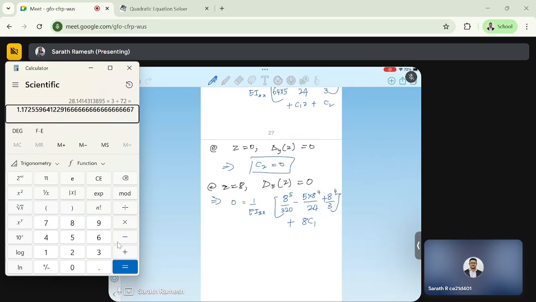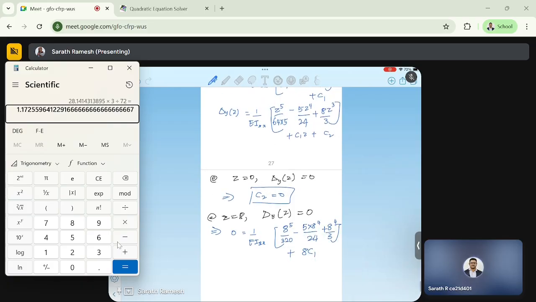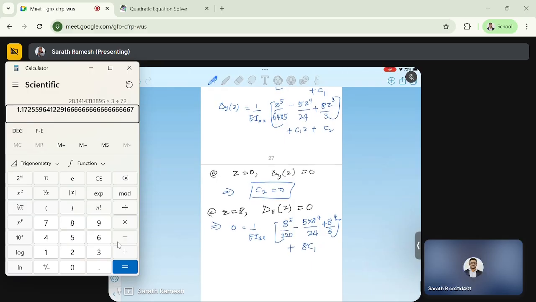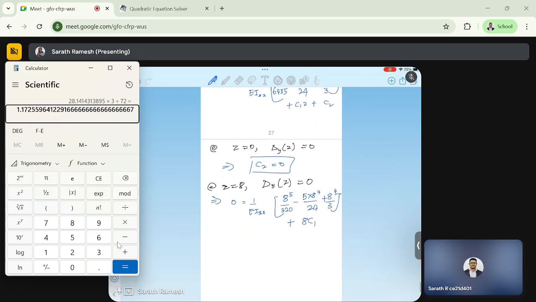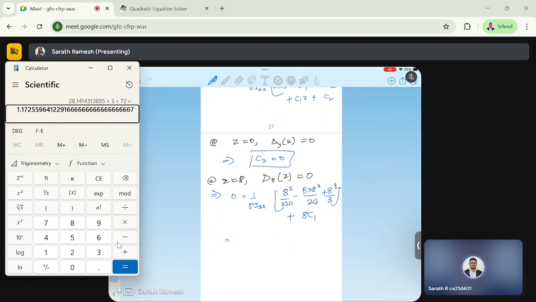So we get, this is again, 8 is in meters. I should have taken this in mm. So what to do? We have to convert this, right? So let me compute in terms of mm itself. Let me write this once again.